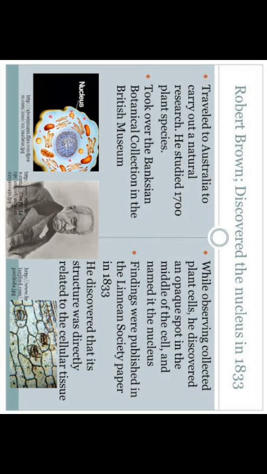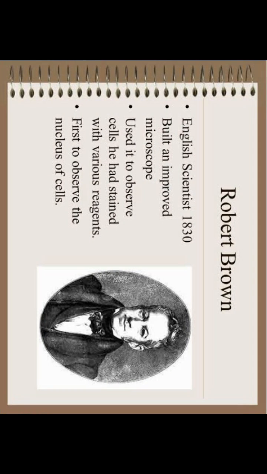He discovered that its structure was directly related to the cellular tissue. So, great contribution done by Robert Brown. He discovered the nucleus. You can see on the screen the nucleus structure, which was discovered by Robert Brown.